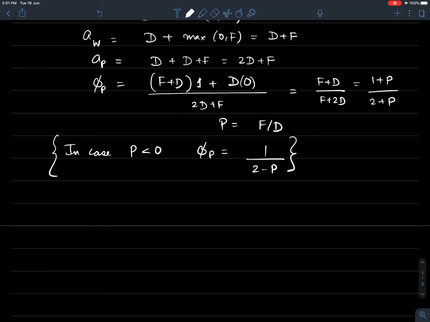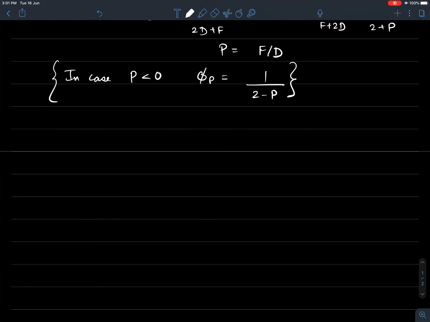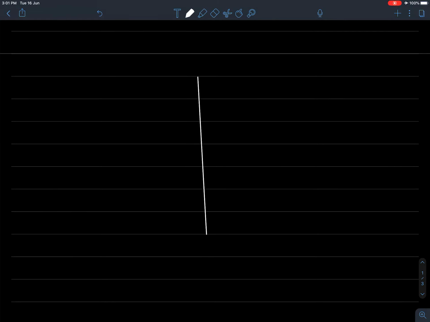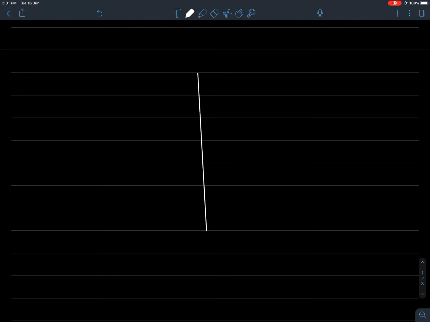Now let me get to my actual point. Let's plot. On the y-axis we can plot phi P. On the x-axis we'll plot the Peclet number. So we have P here and we have phi P here.